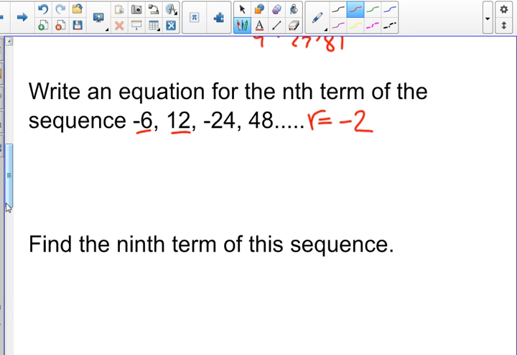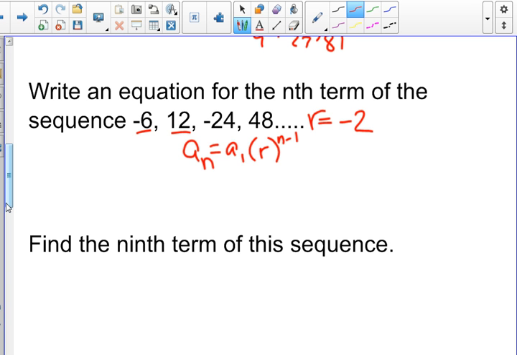Now recall that the equation for a geometric sequence is a sub n is equal to, and this is the explicit equation for the geometric function. So it's a sub n is equal to a sub 1 parentheses r parentheses to the n minus 1 power, where n is the number of the term.